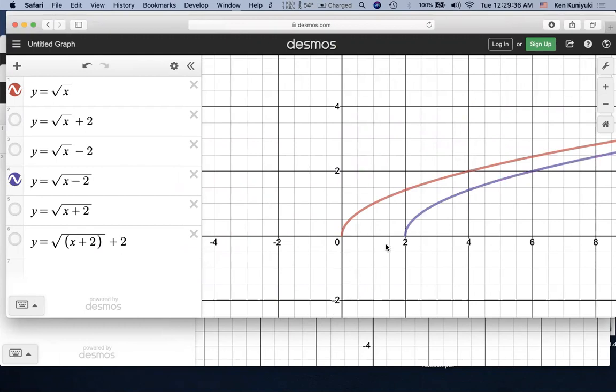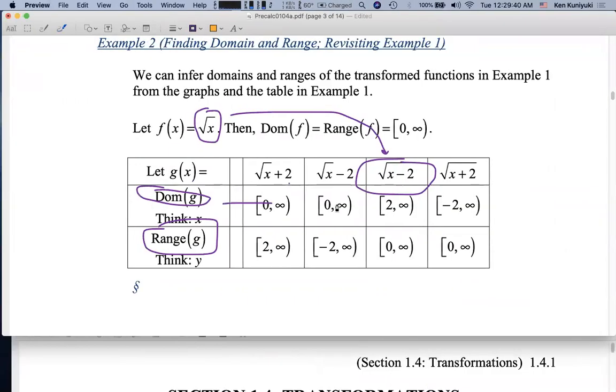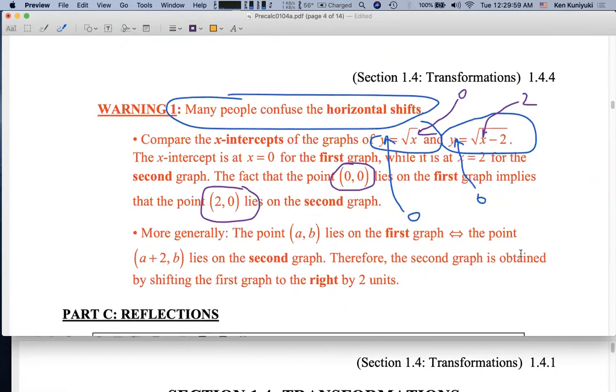This time, the domain shifts right 2 units and the range stays the same as for the original, the non-negative reals. So again, if you understand how a graph is transformed, that may be an easier way to figure out how the domain and the range may or may not be changing. Next up, reflections, more types of transformations.